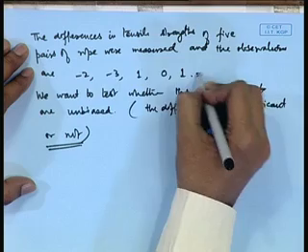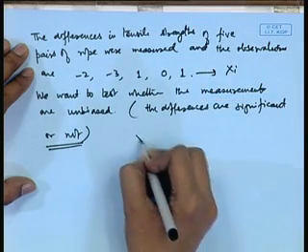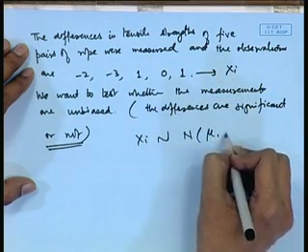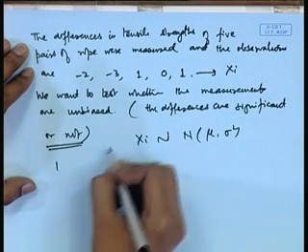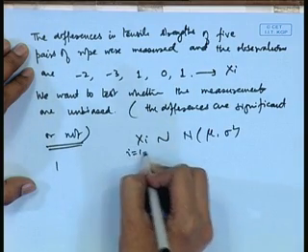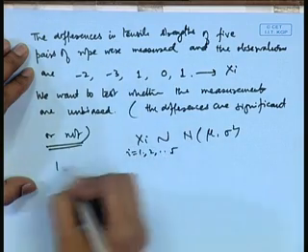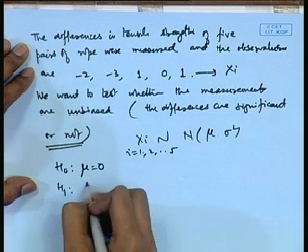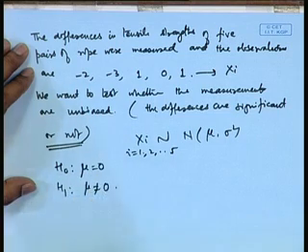So, if you consider these values to be say xi's, we may consider the model xi follows normal mu sigma square, and the testing problem becomes, for i equal to 1 to 5, H naught: mu is equal to 0 or H1: mu is not equal to 0.